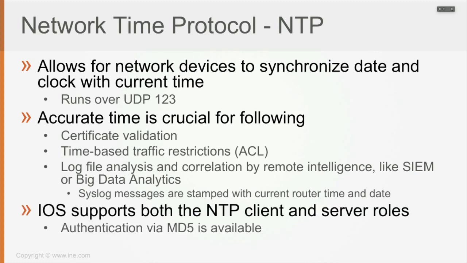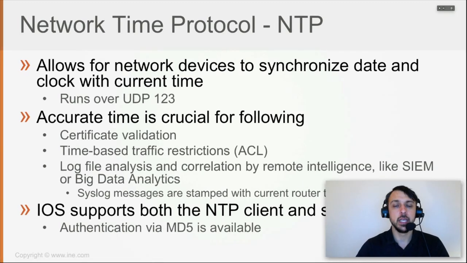Now IOS supports both the roles of NTP client and NTP server. Authentication is also available via MD5 as per the RFC. Now of course, depending on how accurate... basically what I'm trying to say is that the router or any kind of network device can act as a NTP server, but it's not going to be as accurate as dedicated NTP servers because of their stratum level.